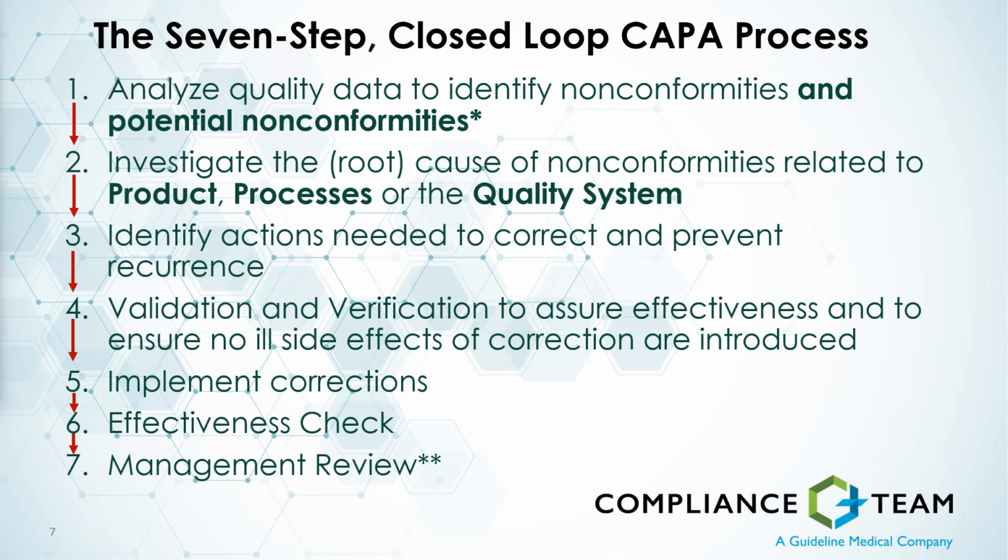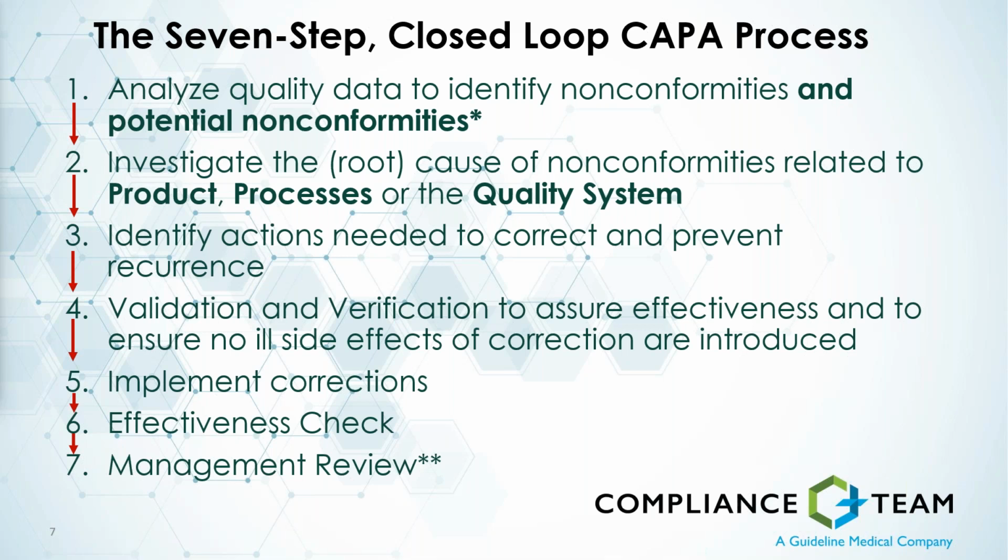So you need to understand the root cause of those nonconformities first before you can determine what needs to happen to prevent the recurrence. And you may have some interim actions too, maybe some short-term containment actions, and then maybe some longer-term interim actions until you can have the long-term action that prevents the recurrence from happening.